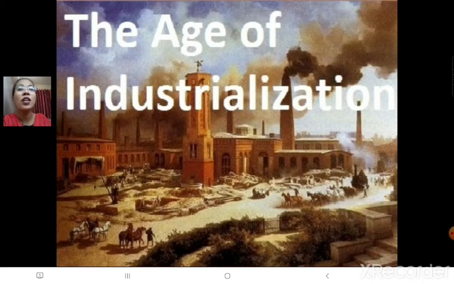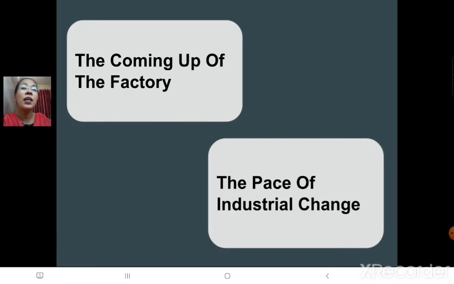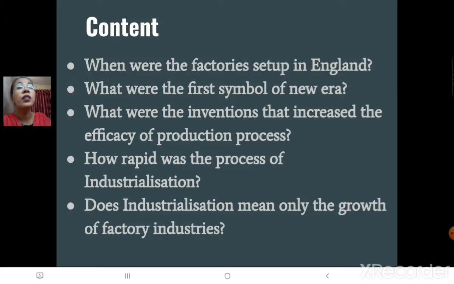Now in this part of the chapter, we will be seeing topics like the coming up of the factories and the pace of the industrial change. In that, we will try to get our answers for when were the factories established in England? What was the symbol of the new era?